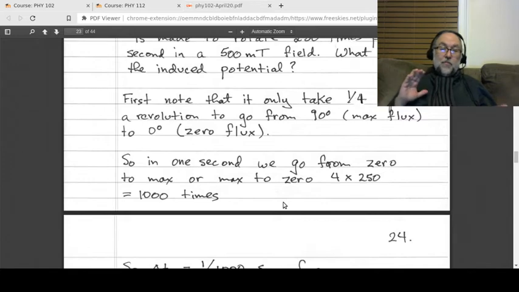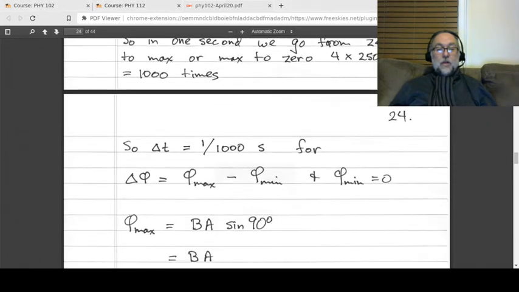So this move happens 4 times for every rotation. There are 250 rotations per second, so you're going from minimum to maximum 1,000 times. Our delta t is going to be 1,000th of a second.